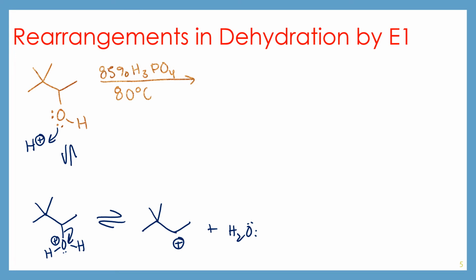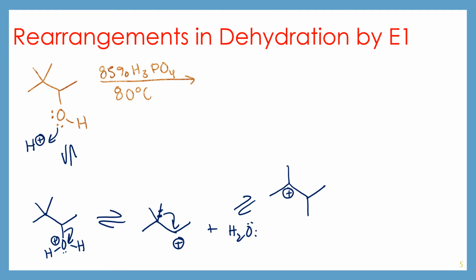This carbocation is secondary and it is next door to a quaternary carbon. So one of these methyl groups can shift over in a methyl shift, which gives us a new tertiary carbocation.